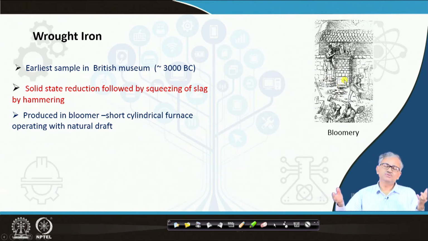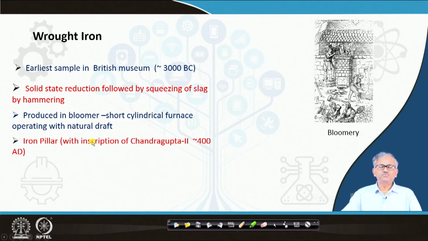They cooked for a long time, overnight say, and in the morning they got some metallized iron. The iron ore could be reduced to form metallized iron, and then they took out that iron and hammered it. After hammering you can squeeze out most of the slag, but some of the slag will obviously remain intermixed with the iron, and that is called wrought iron, and it has some very special qualities.